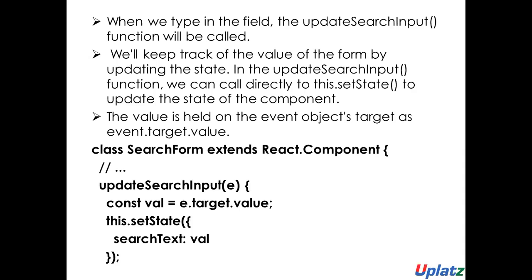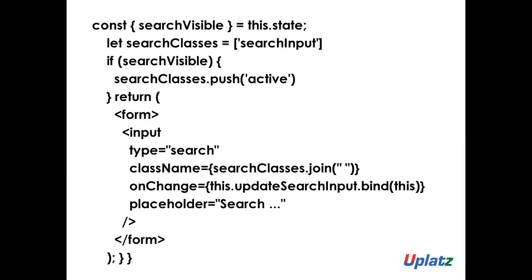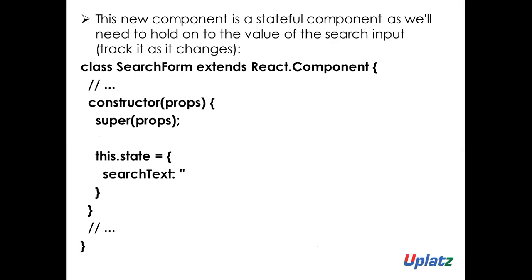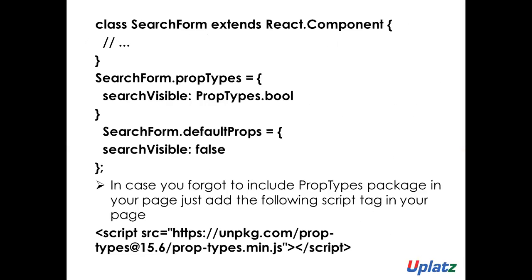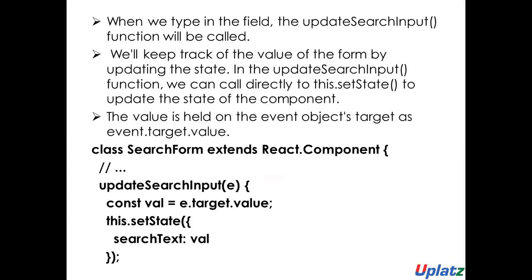This.setState, which is my searchText, I have a value in that. So this is all about input types and user interaction events. These are the samples I have shown you. You can make use of this code and build on your own.